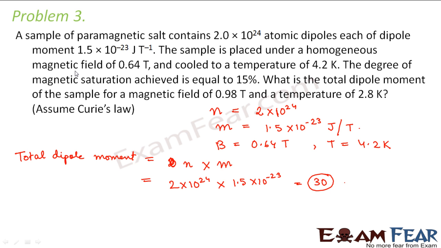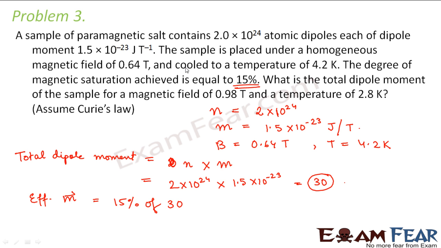Now it says that the magnetic saturation that is achieved is equal to 15%. That means the dipole moment that is induced due to the application of the magnetic field is only 15%, right? So therefore, the effective magnetic moment will be equal to 15% of 30.